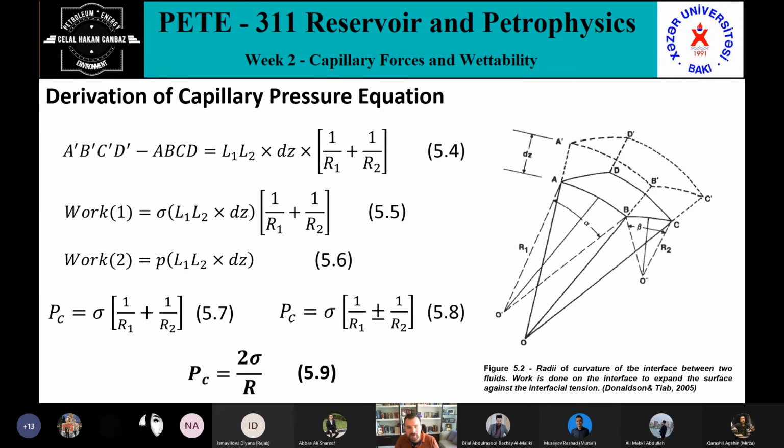By using these two formulas, we combine these two equations.